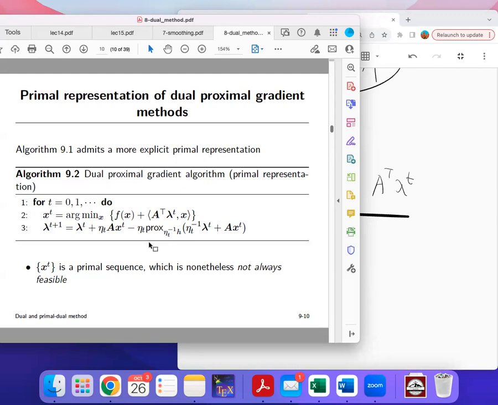In the second line, it's just a numerical update. As long as you can compute this proximal mapping of h efficiently, you can do the second line very quickly. But in the first line, depending on the form of f, you may need to implement another algorithm to solve the problem, because the first line is an optimization problem.